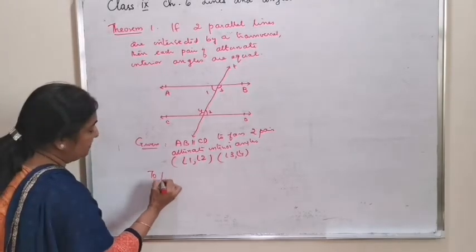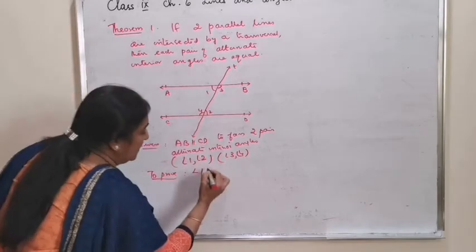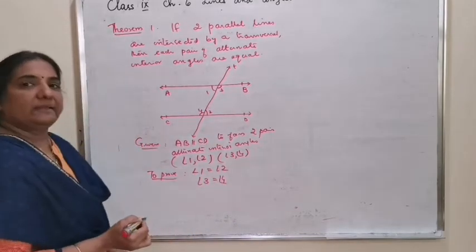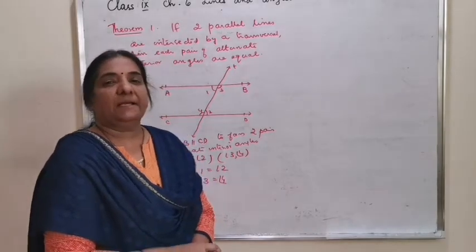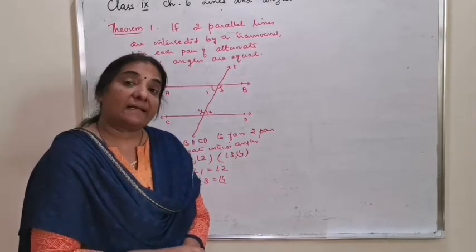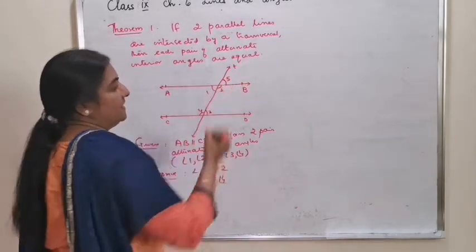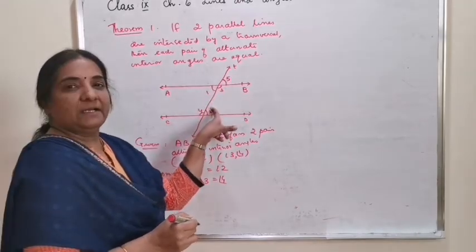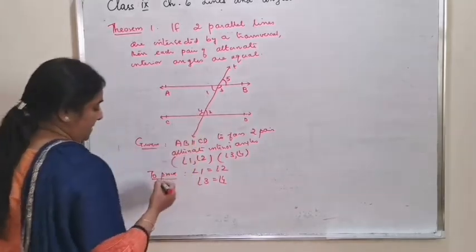What is to prove is angle 1 and angle 2 are equal, angle 3 and angle 4 are equal. Now, as I told you, we can apply corresponding angles as an axiom. So, mark angle 5 as one of the corresponding angles to angle 2.